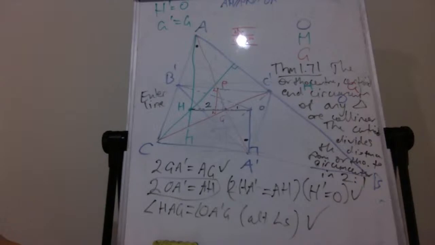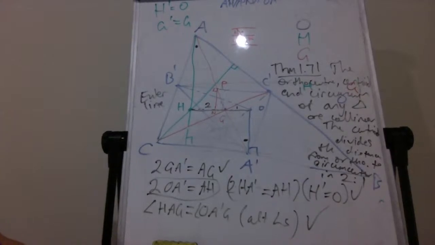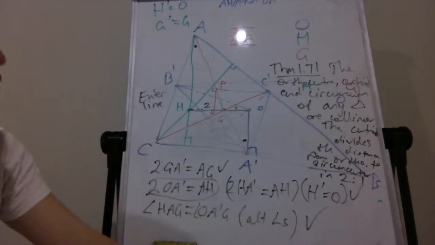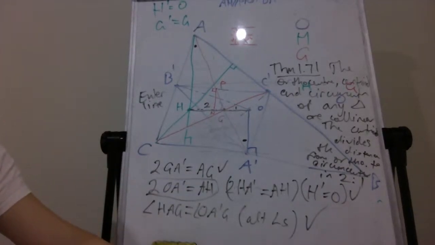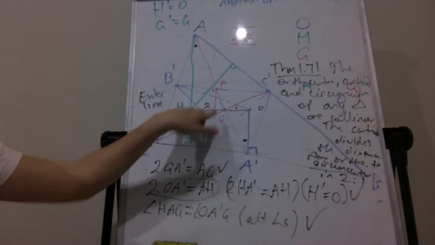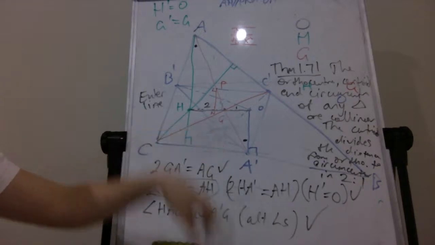We know that BC dash is parallel to... Hold on. What do we know about HO? This is the Euler line, right? We can't really know that much about it because we didn't even know there was a line before. Do we know HO is perpendicular to...? It's tempting to say that's parallel to that.